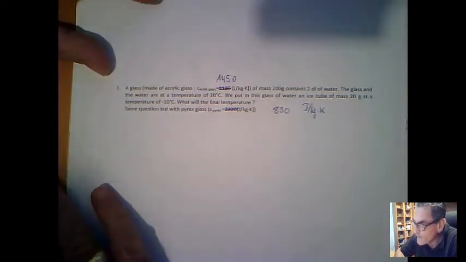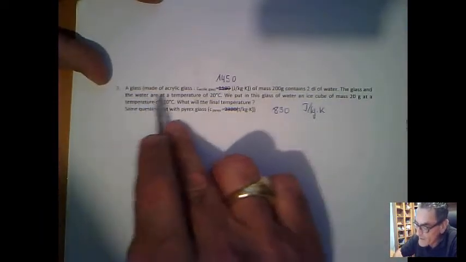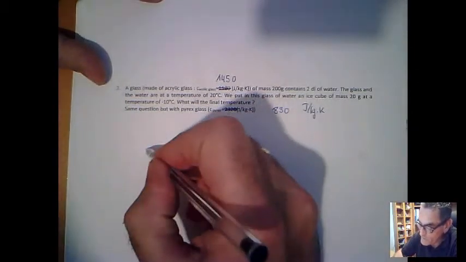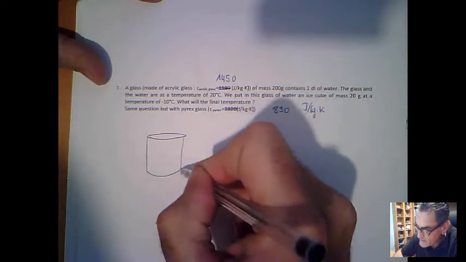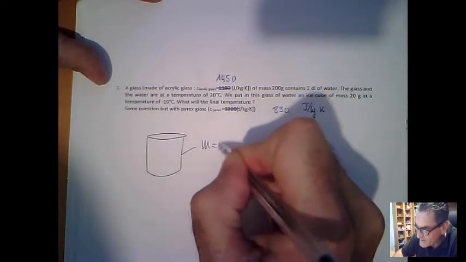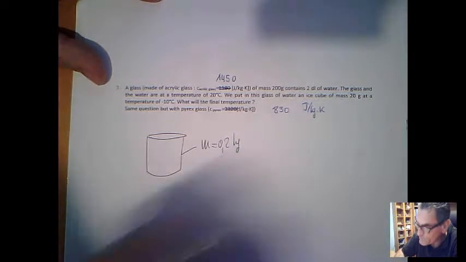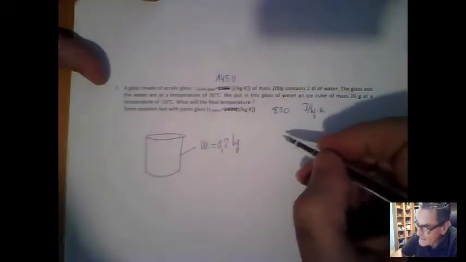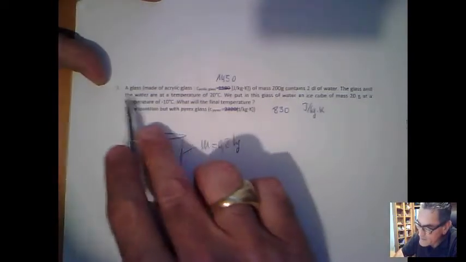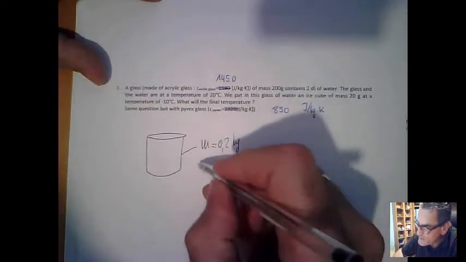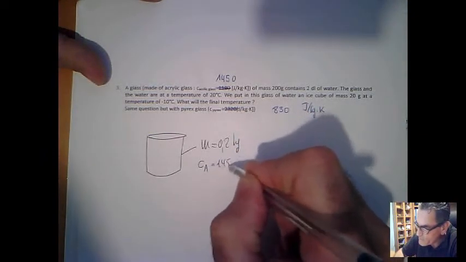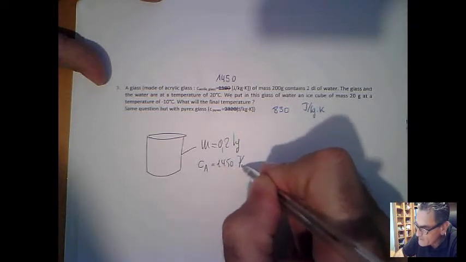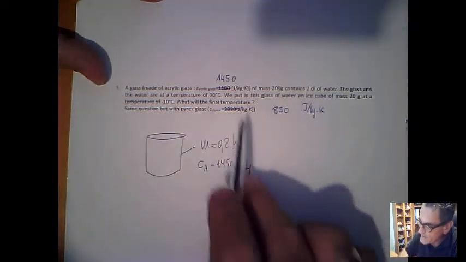Okay, so what do we have here? We have a glass of mass 200 grams. So let's draw this glass. This glass has a mass of 0.2 kilograms, and the C of acrylic is 1450.